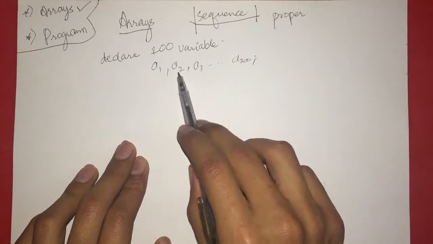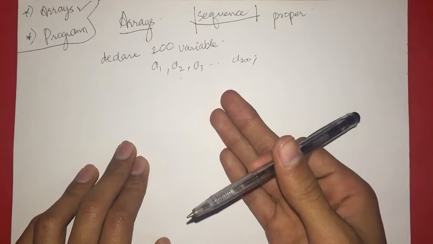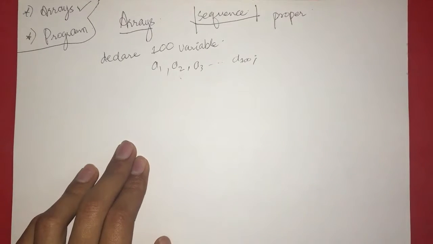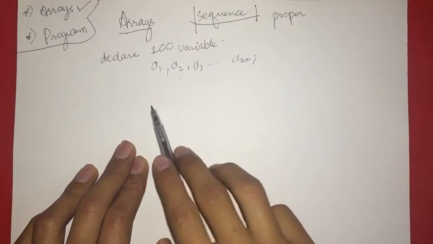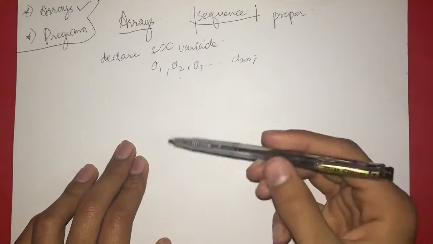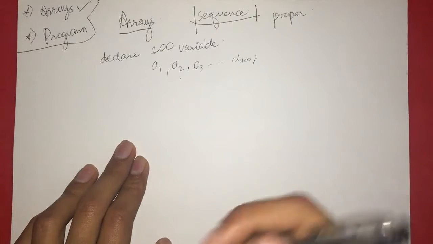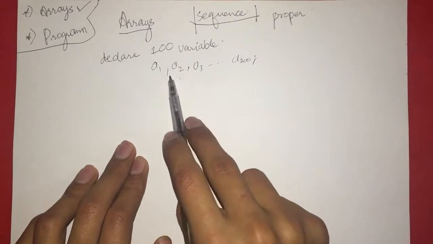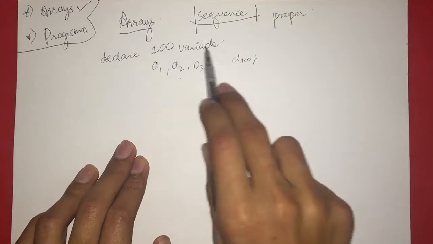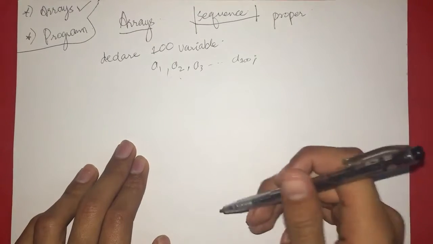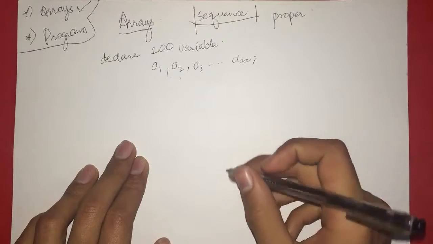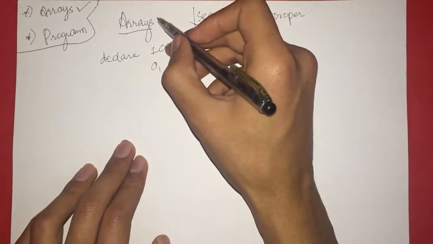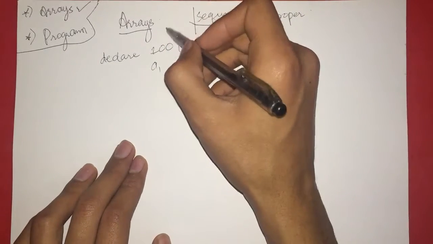After that, to get input from the user you're going to use a for loop, and then output the same way. But it's a headache to first declare the 100 variables and then utilize them in your program. Arrays are used to solve this problem.